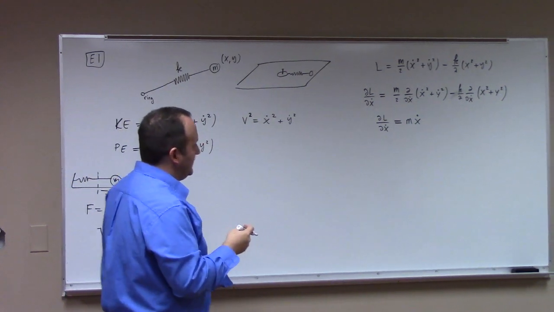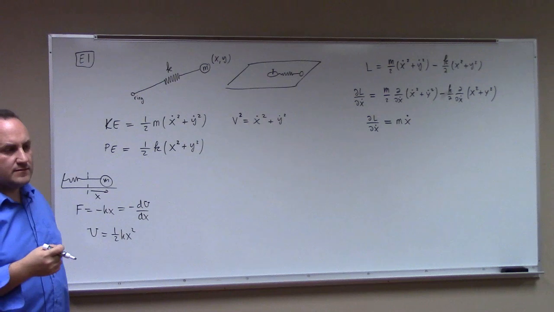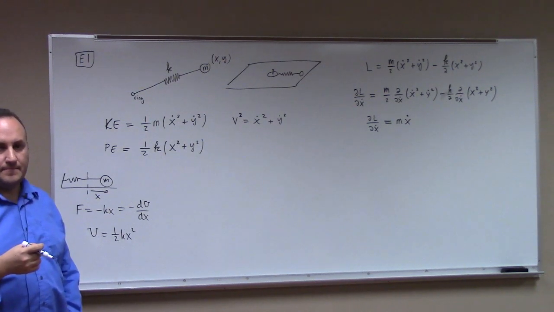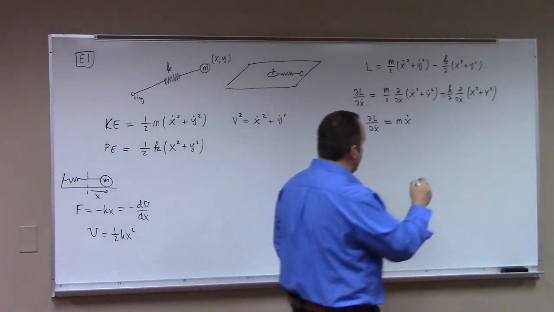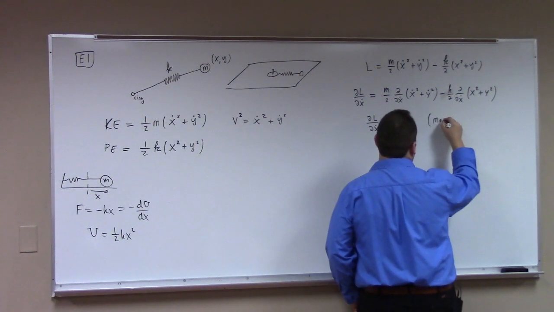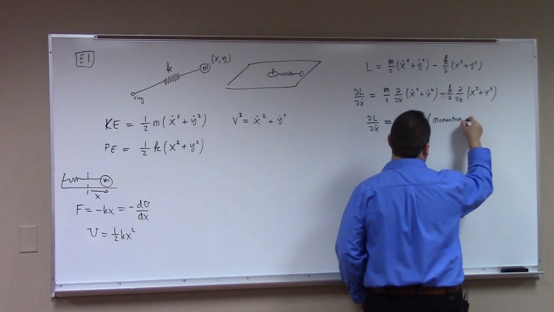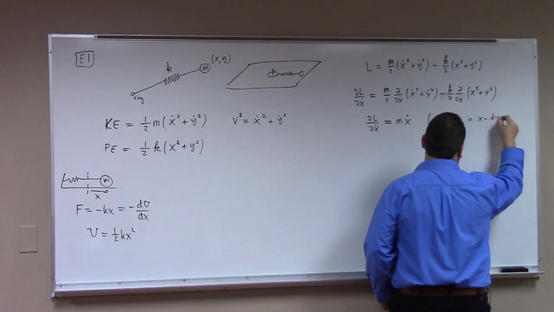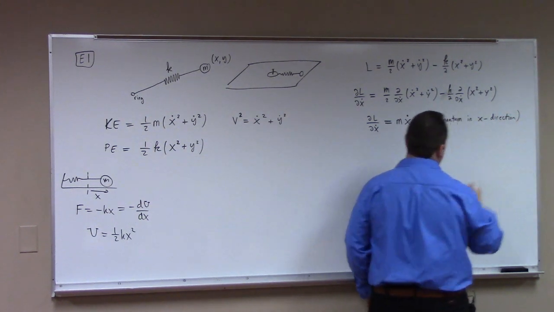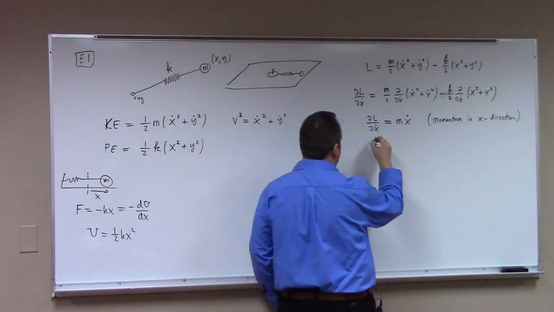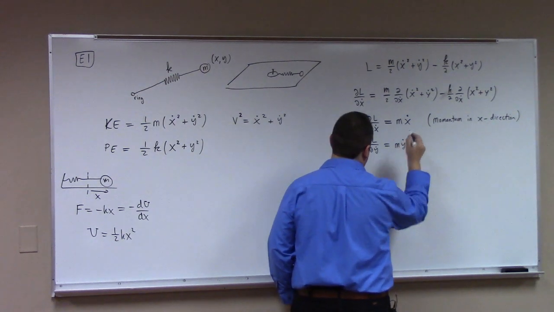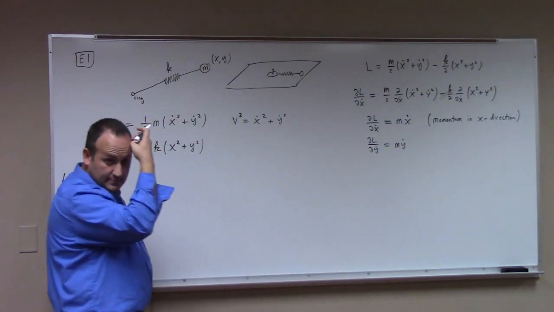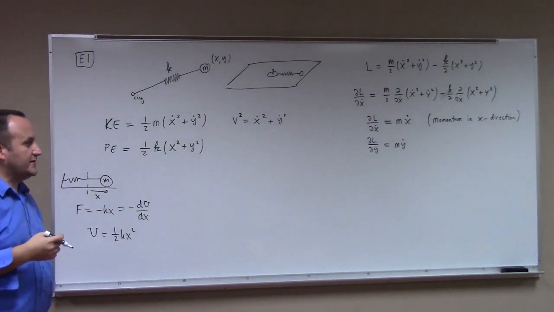But there you go. Partial L partial x dot is m x dot. Hey, what is that? What is m x dot? Mass times velocity. Mass times the x velocity is the what? This is momentum, isn't it? Momentum in the x direction. Similarly, you can calculate partial L partial y dot, which is m y dot, going through a similar calculation I haven't written down.